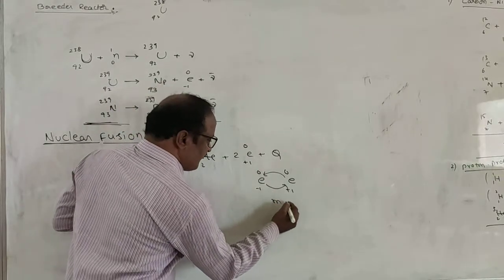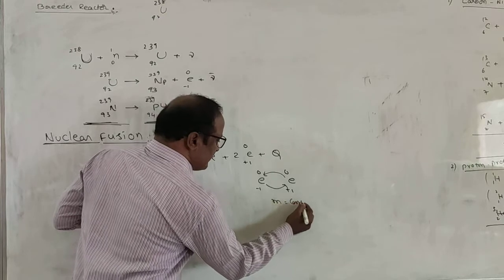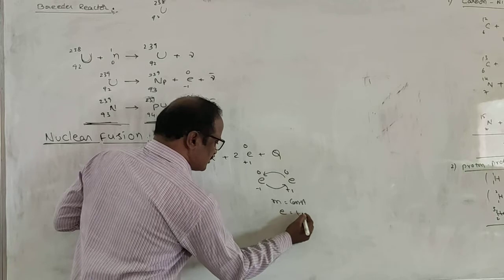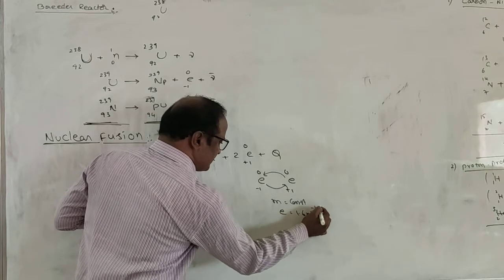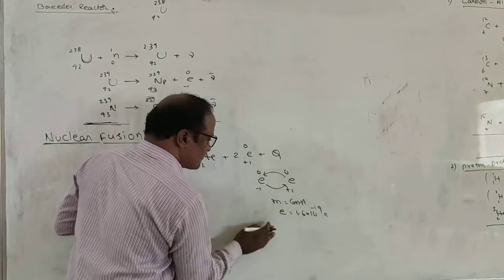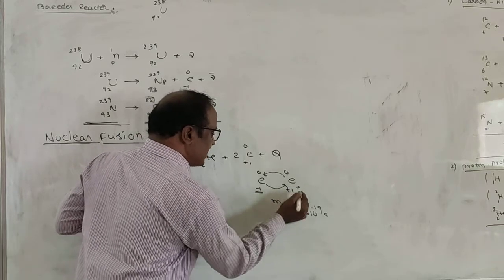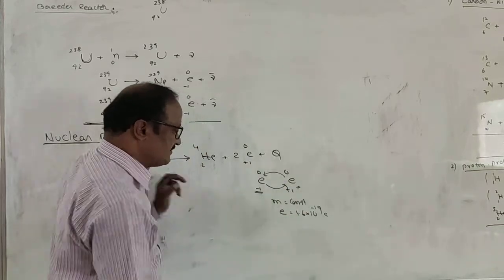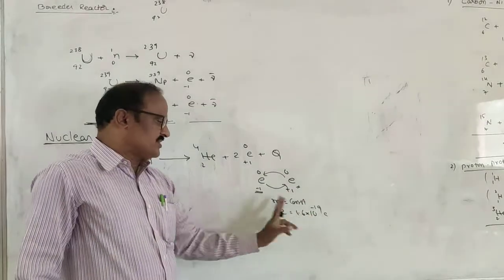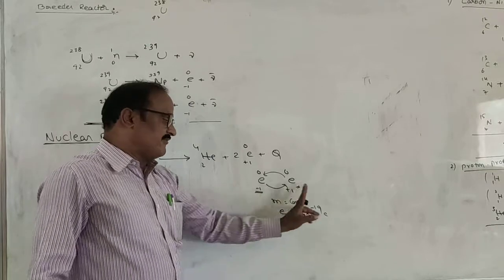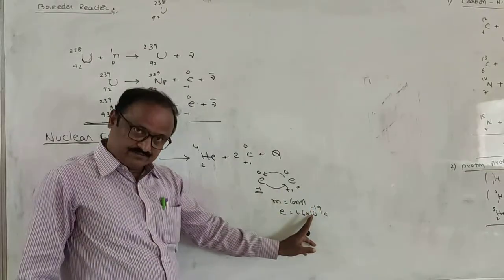Now, the masses of these two particles remain constant. The magnitude of the charge is also equal, 1.6 times 10 power minus 19 coulombs. But electron has negative charge and positron has positive charge. The main difference is the sign of the charge, while the magnitude remains constant.